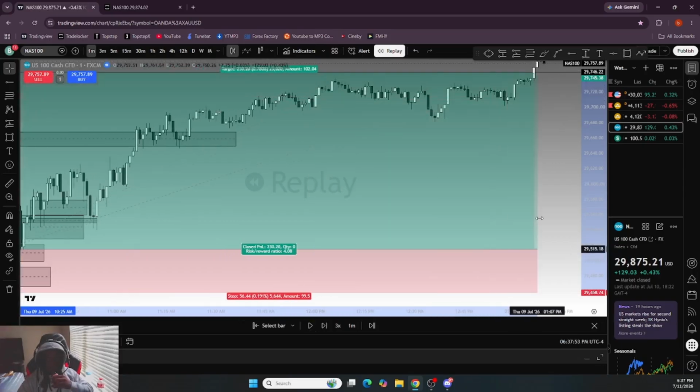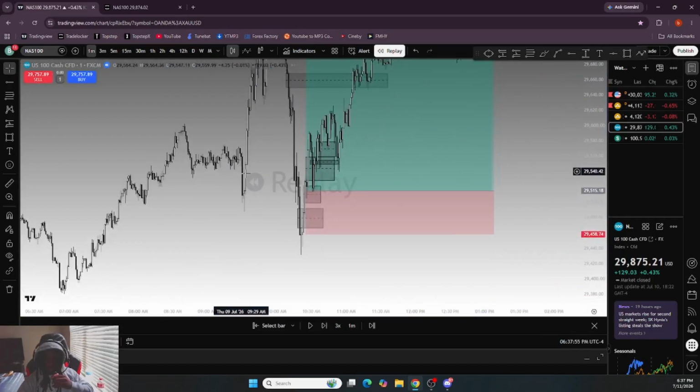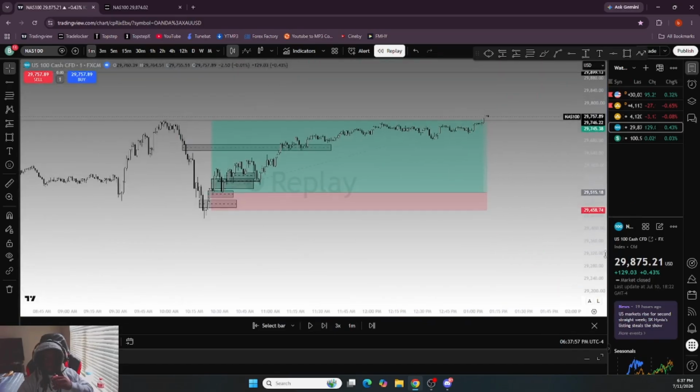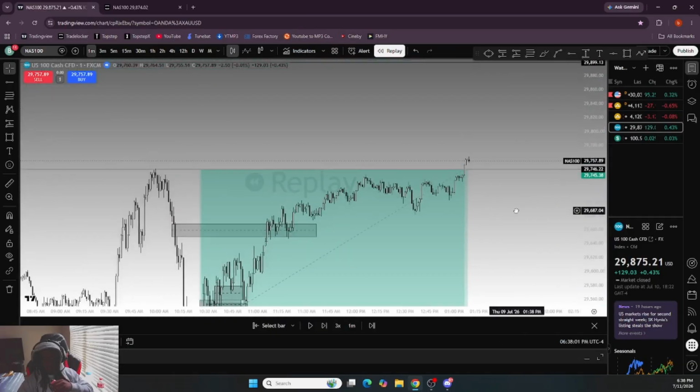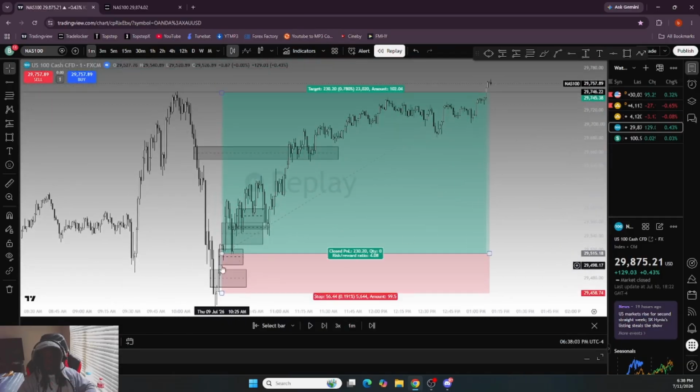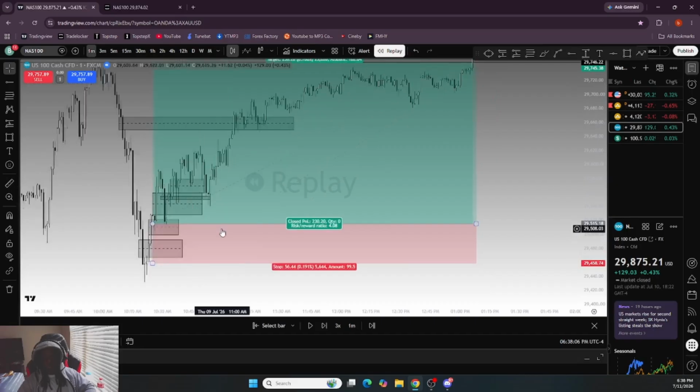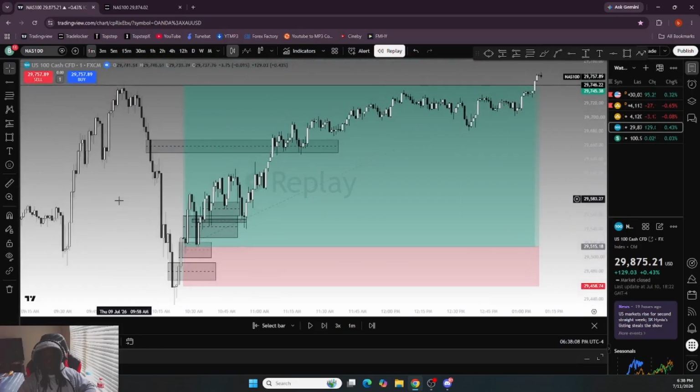Boom. All TPs hit. And that was how I caught this setup right here. I think this trade kept going too, but this was a great trade right here. That was basically my bias on how I caught that trade last week.